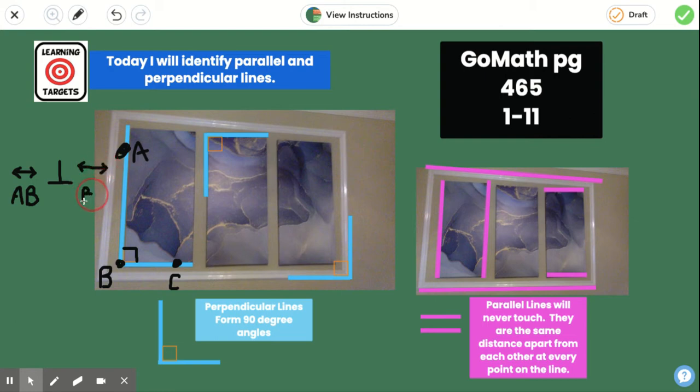So when you see two lines and they share that endpoint, which forms this 90-degree angle, those are called perpendicular lines. So here's two more examples here.